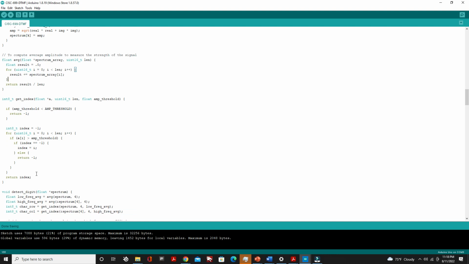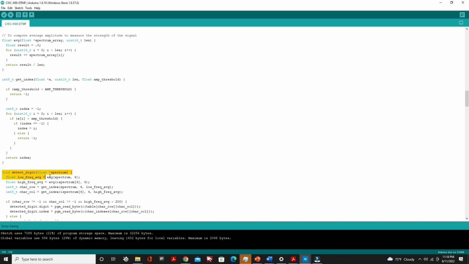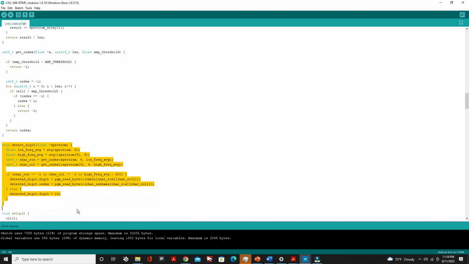To better explain this, I have to start from this function, detect digit, where the actual detection happens. So we compute the average of lower frequency components and the average of higher frequency components, and then we call the get index function with the actual spectrum we have computed in the quiet cell algorithm, along with the number of frequency components.